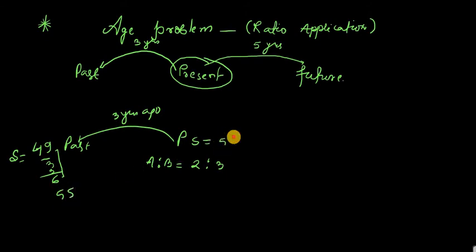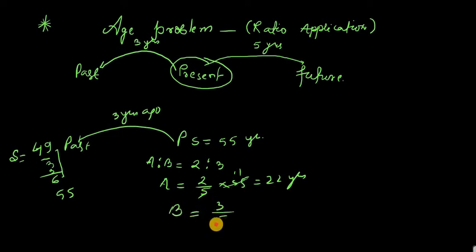The present sum of the ages of A and B is 55. A is 2/5 of 55, which is 22 years. B is 3/5 of 55, which is 33 years. Okay.